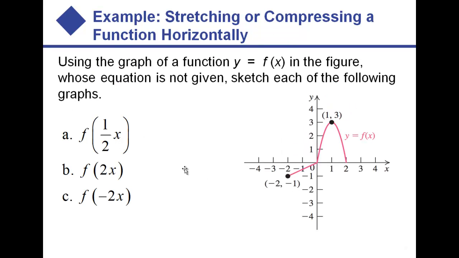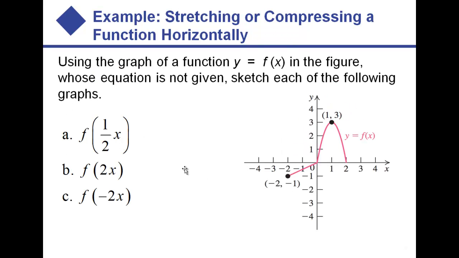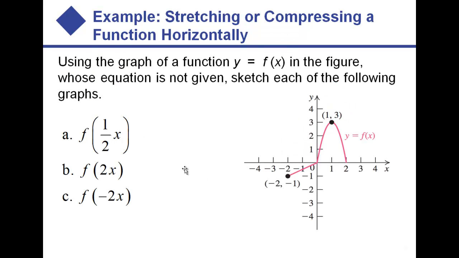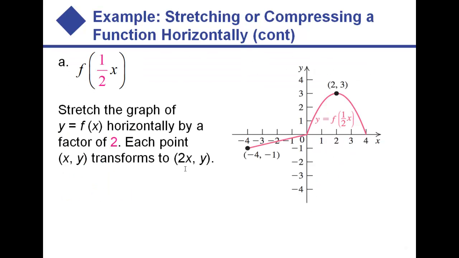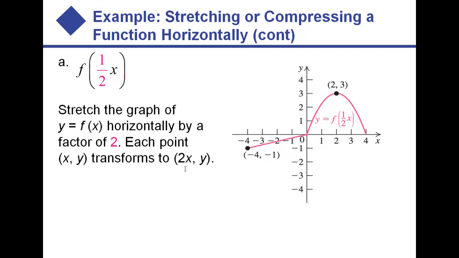From 1, 3, but now you got to go over to 2 in order to get there. So instead of reaching your local maximum with a value of 1, you got to go to a value of 2. You can also see that the little tail has stretched. See how it goes all the way out to -4 now instead of -2? So there's your horizontal stretch.